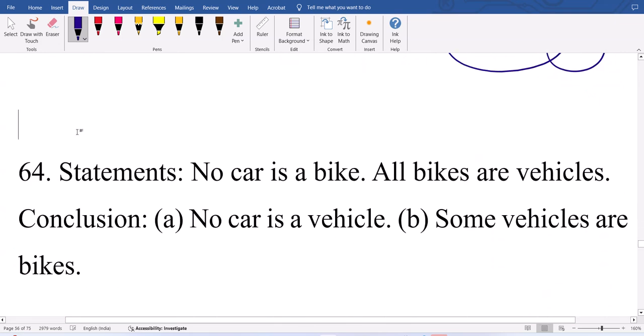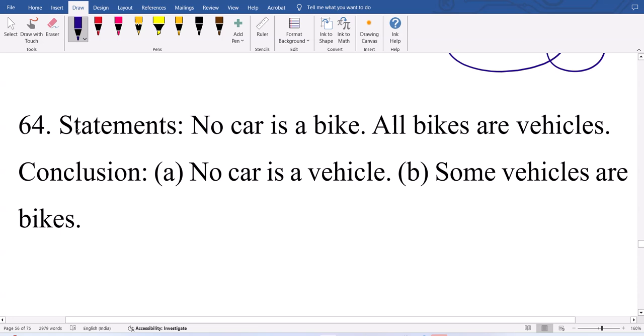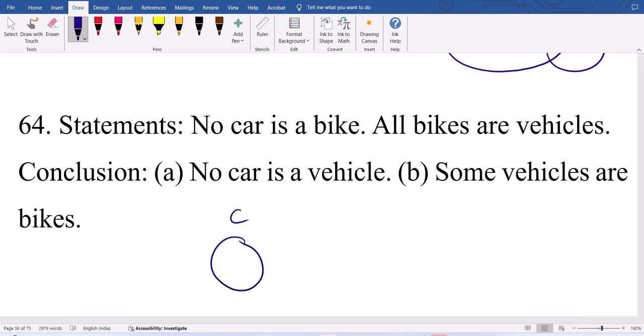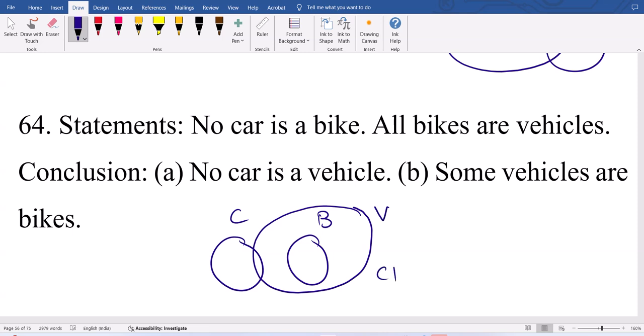Now what about this one? No car is bike. All bikes are vehicles. No car is bike. All bikes are vehicles. Now the first one is wrong, the second one is true. Other diagram: No car is bike.